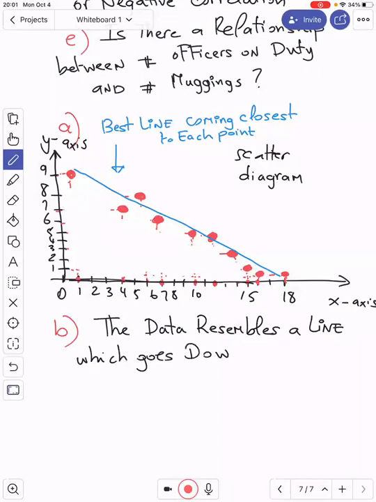Goes down, right? So then your R is going to be negative.